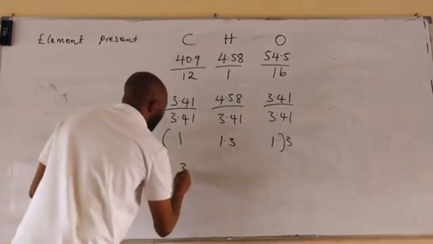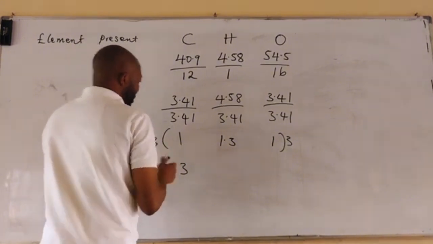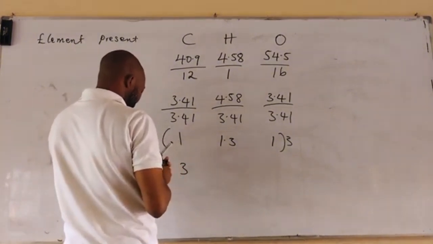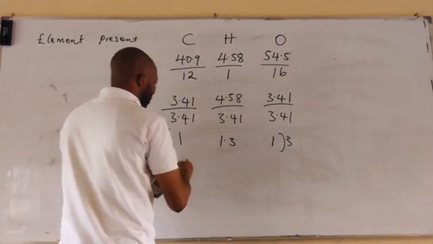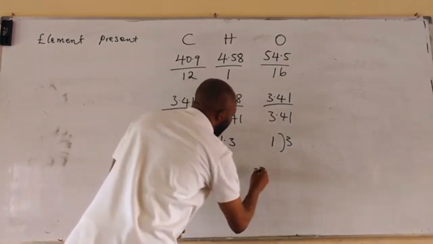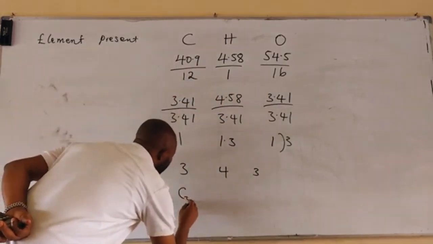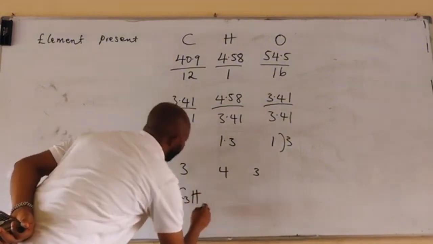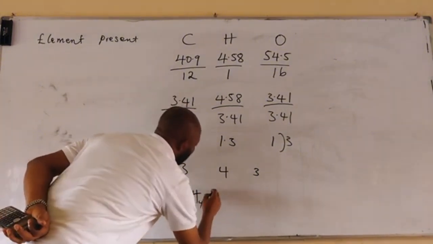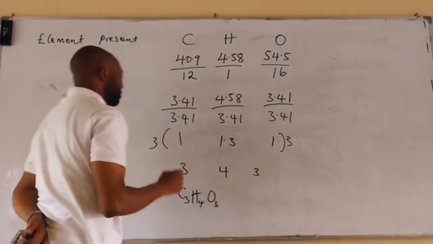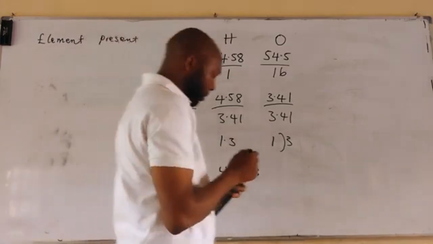So 1.3 times 3 is 4, and the others become 3. Now carbon is 3, hydrogen is 4, and oxygen is 3. So that's my empirical formula.